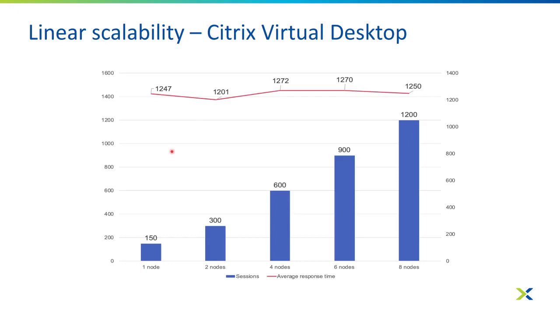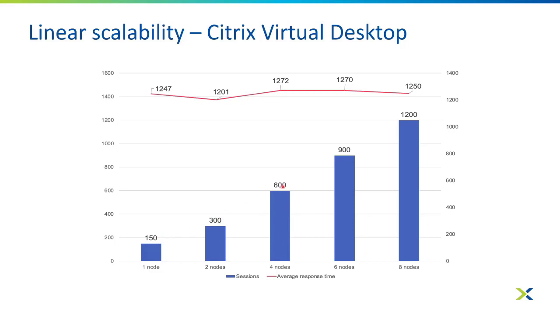I've also mentioned linear scalability a lot of times. Again, this is essential to a successful VDI deployment. This chart is talking about a single node deployment, using these numbers, 150 desktops per node, and scaling that out to 2 nodes, 4 nodes, 6 nodes, and 8 nodes.